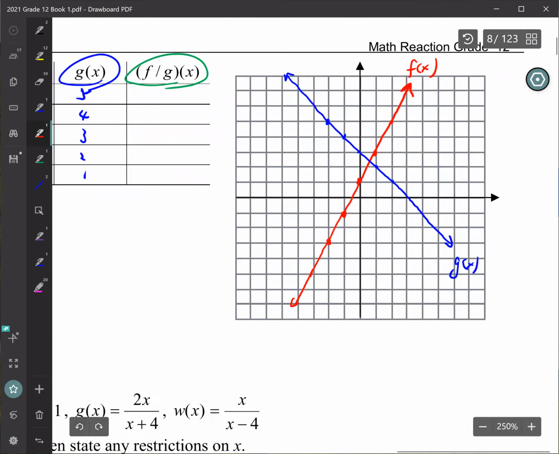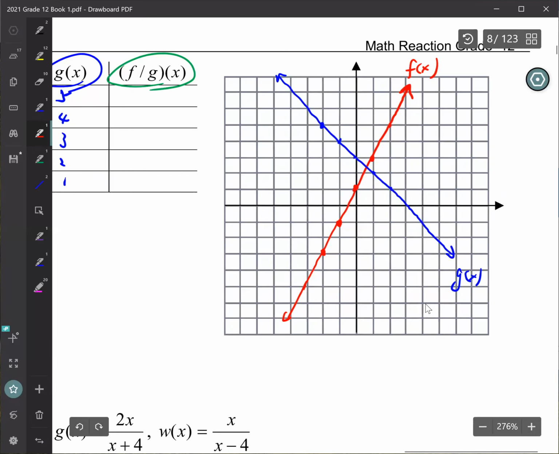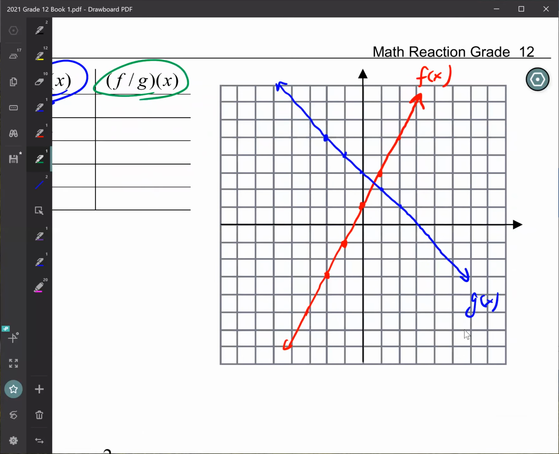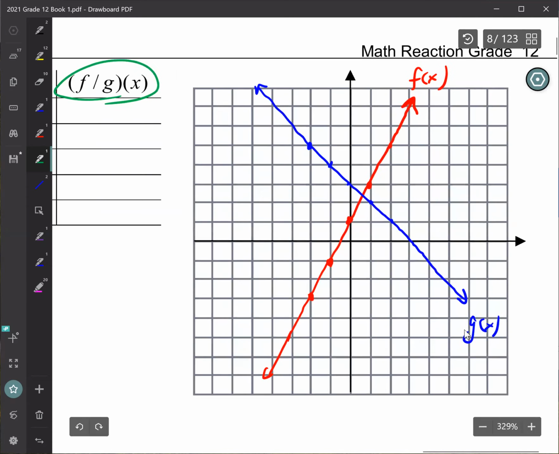I don't want to leave anyone behind. We are doing dividing, so remember to make sure which one is the numerator and which one is the denominator. Selena, are you almost done copying? Okay, let's look at the dividing now.